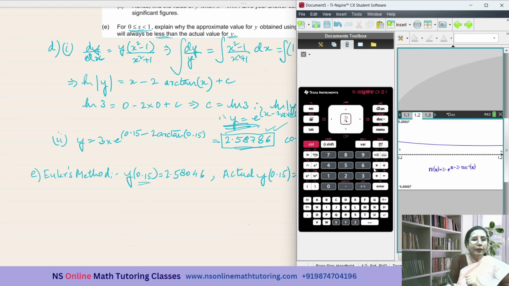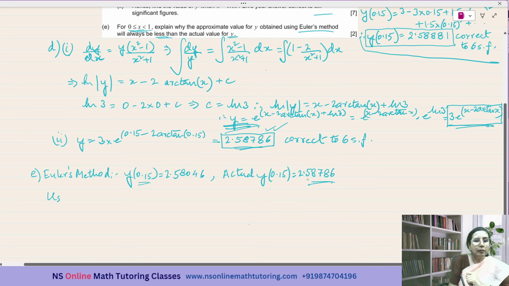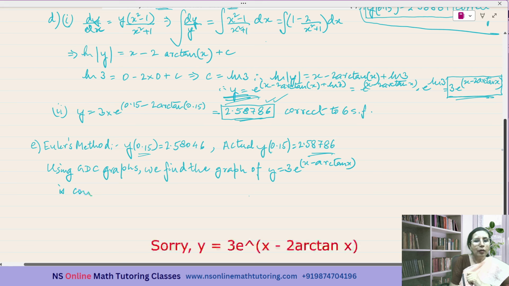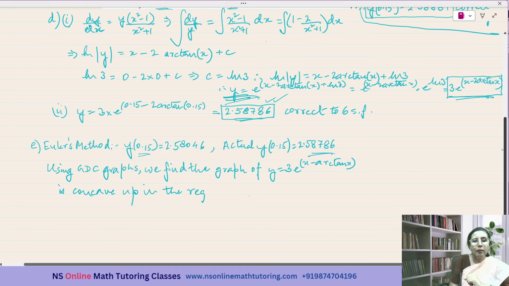Okay, so we can write, using GDC graphs, we find the graph of y equal to 3 e to the power of x minus arctan of x is concave up in the region. Okay.